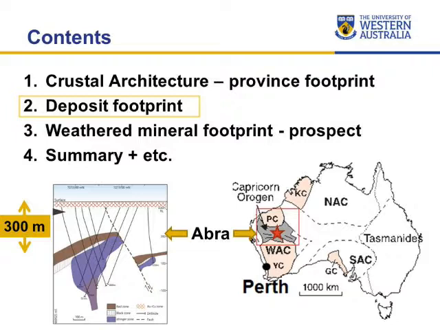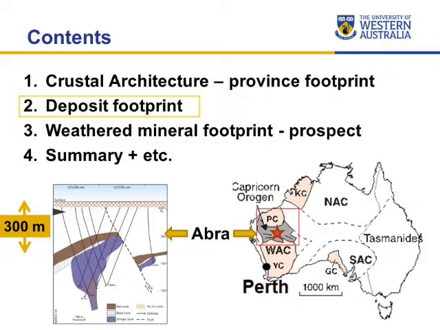If anyone's interested in reading my thesis, I'm happy to send it to anyone really. I'm putting most of my effort into explaining the deposit scale footprint and the alteration halos around the undercover base mineral deposit.